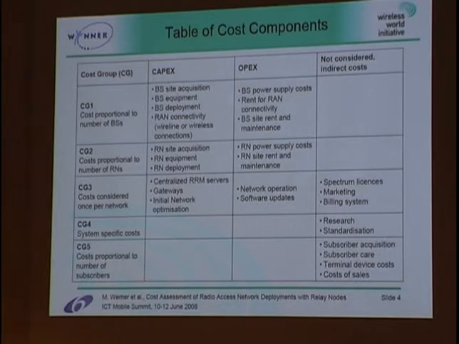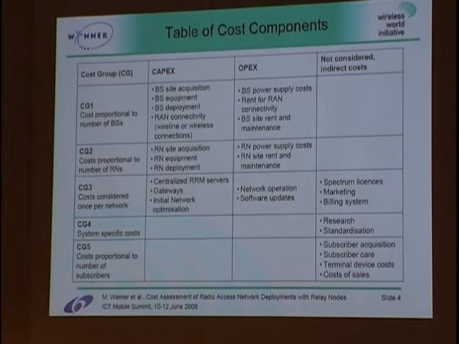So another classification criteria is here listed as the so-called cost group. And here we actually differentiated between the different linearity properties of the costs. So for example, cost group 1 contains cost components that increase linearly in the number of base stations.